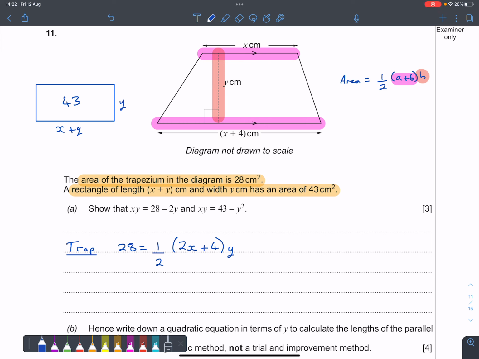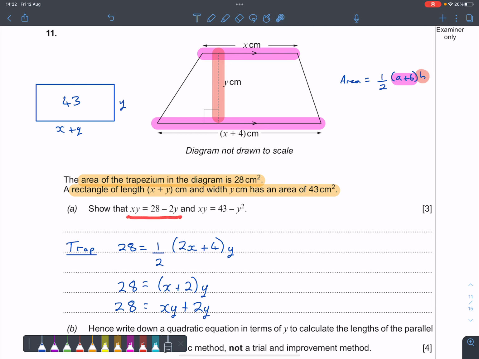Okay, so 28 equals, well, if I halve that bracket, half of 2x plus 4 is x plus 2. So I get x plus 2, still multiplied by the y. So I get 28 equals xy plus 2y, which is similar to this.